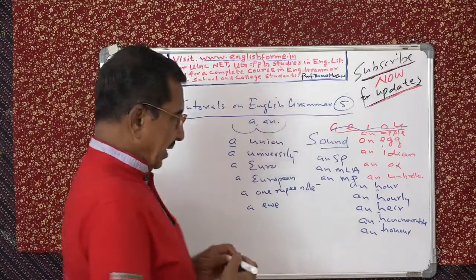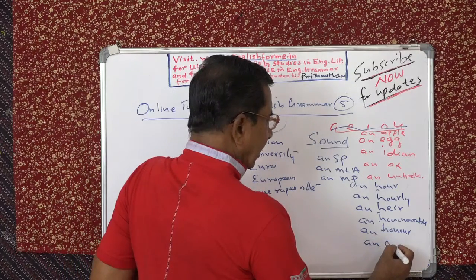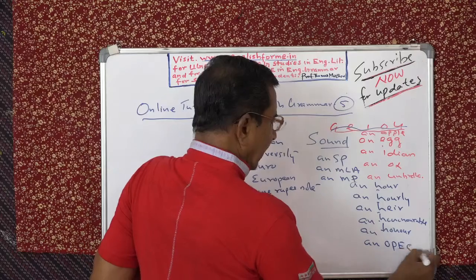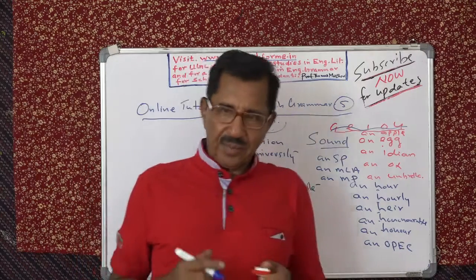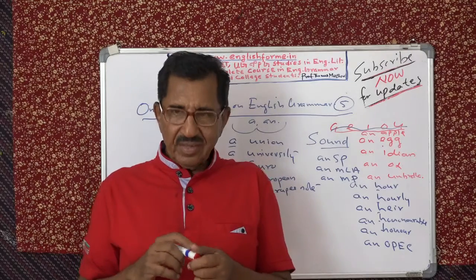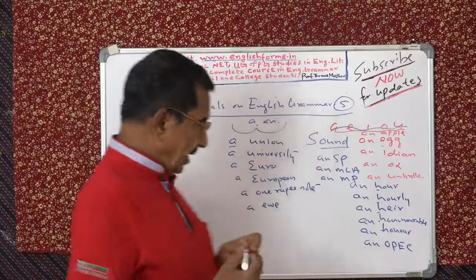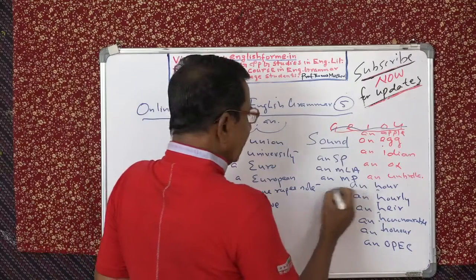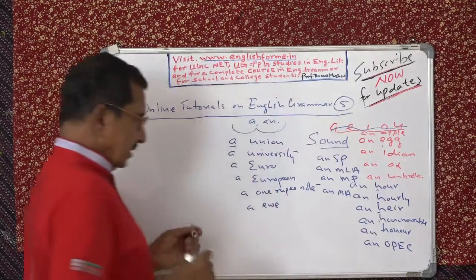An OPEC, oil producing and exporting countries. An OPEC. It is a guru. See that? Did you see the difference? An MA. I am doing, he is an MA. You said an MA. Do you see this?